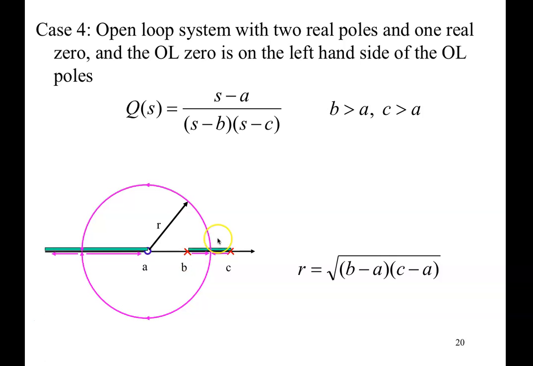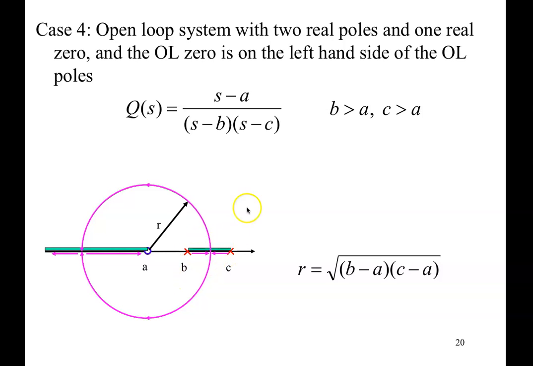Okay. Now, when that happens, if we look at the open loop zero and 2 poles, there's a pole here, there's a pole there, there's a zero there. That breaks the real axis into 4 different sections. We can actually examine which section is part of the Root Locus, which section is not part of the Root Locus, by just counting the number of open loop poles and zeros towards the right-hand side.